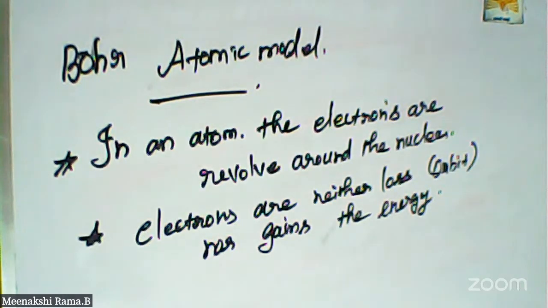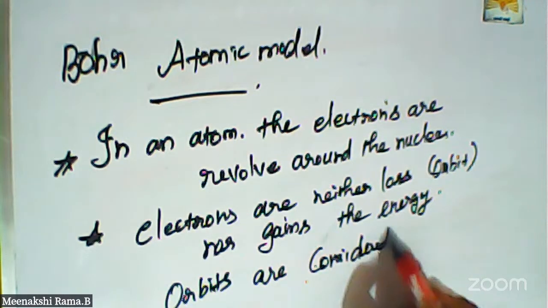And the third point: electrons in a shell can move to a higher or lower energy level, absorbing or releasing a fixed amount of energy.